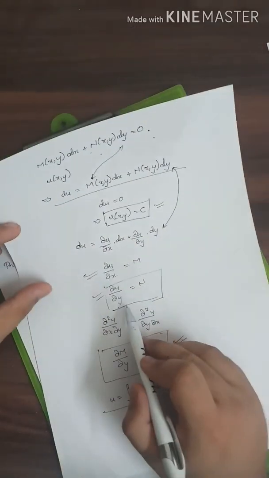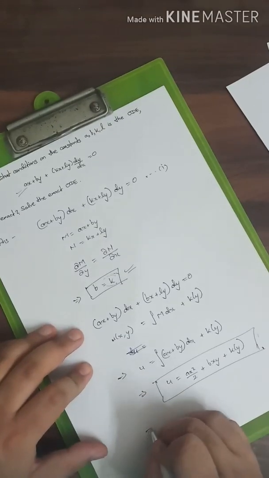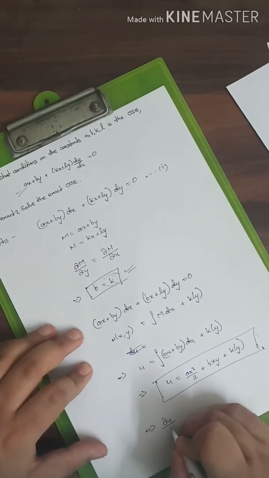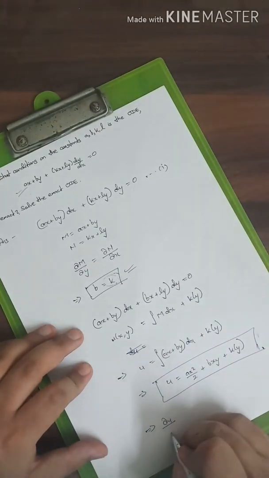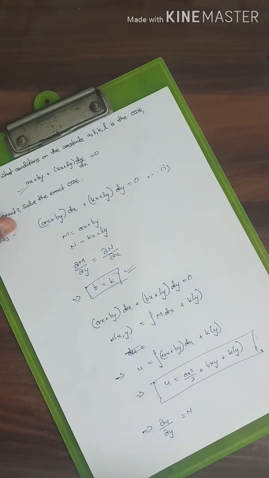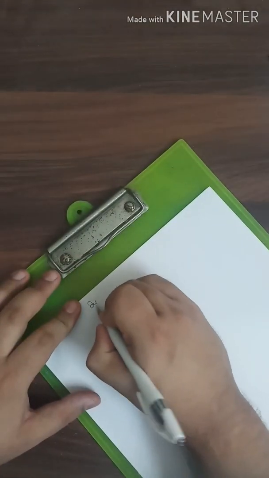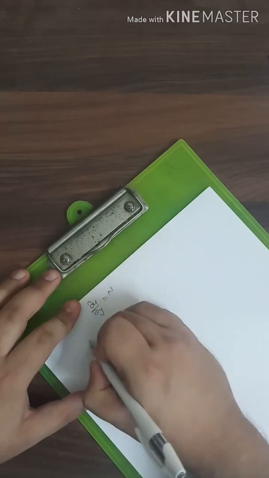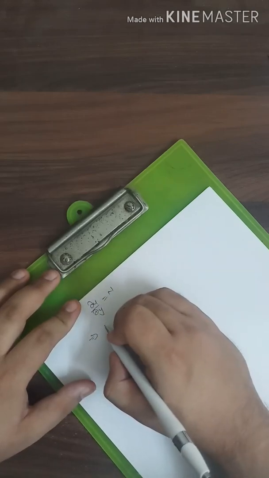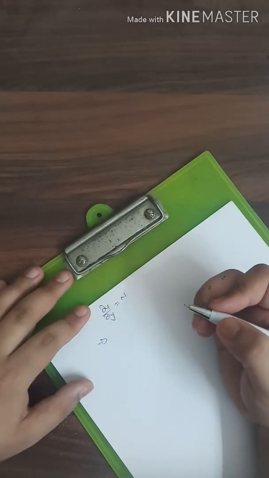Dou u by dou y would be equal to N. Let's keep it aside, and since dou u by dou y is equal to N, as you know, u was equal to ax square by 2 plus bxy plus k, a function of y.